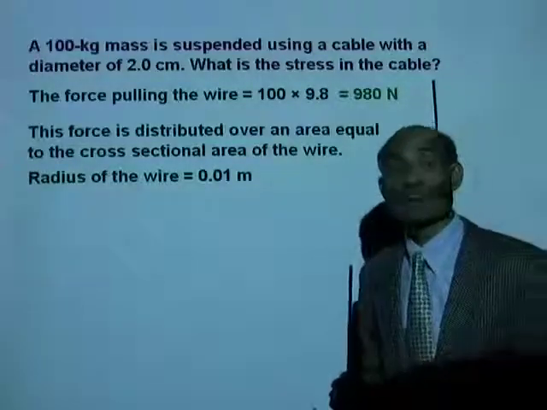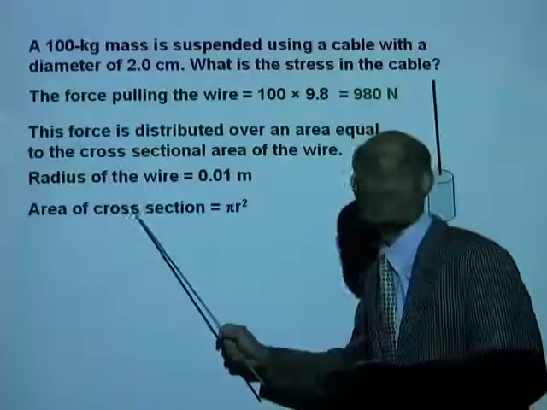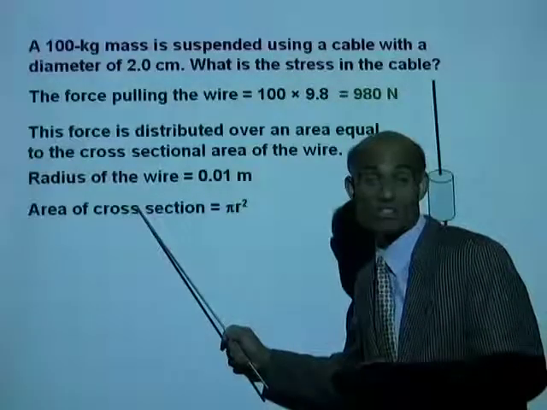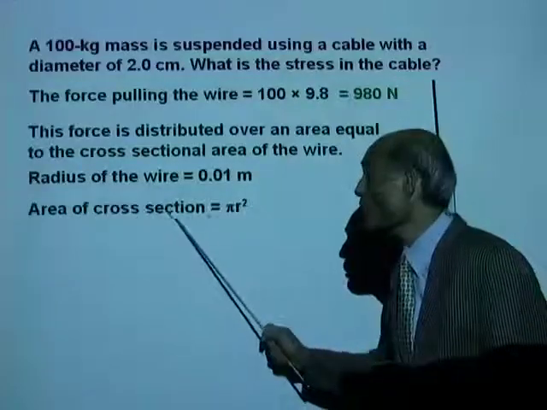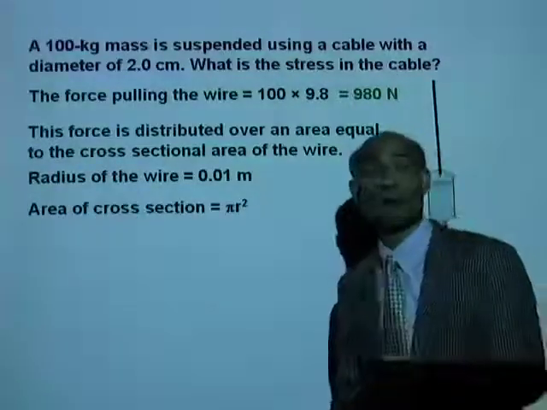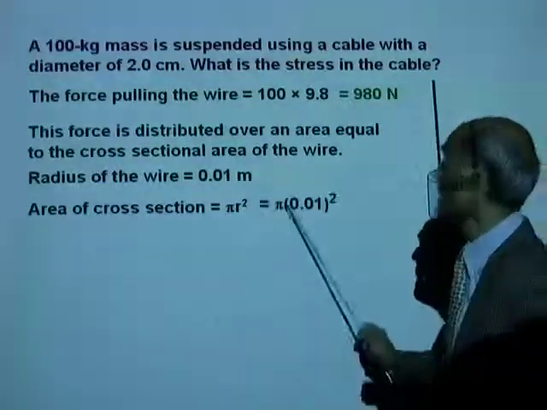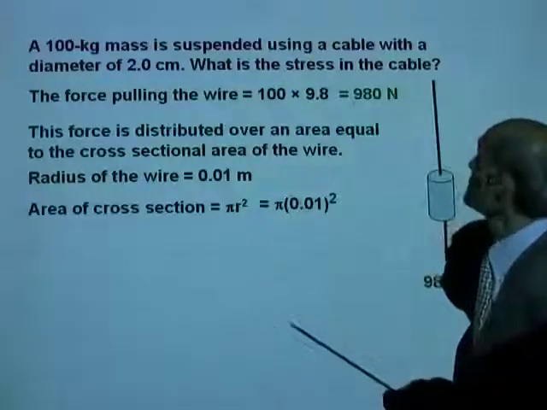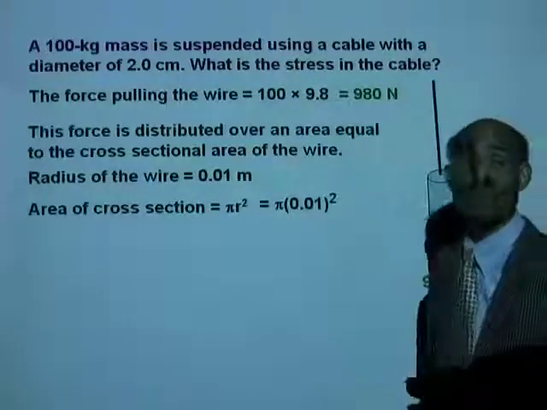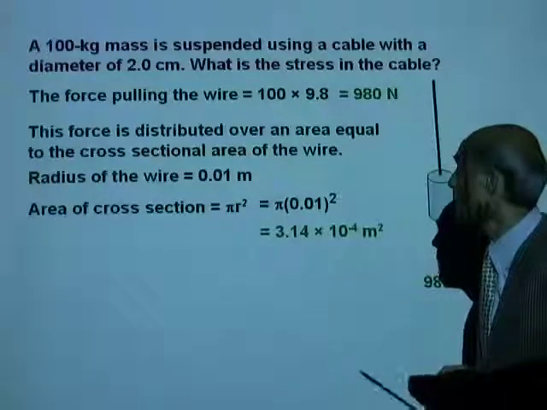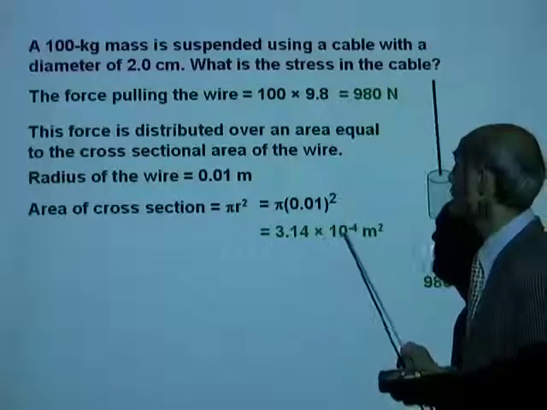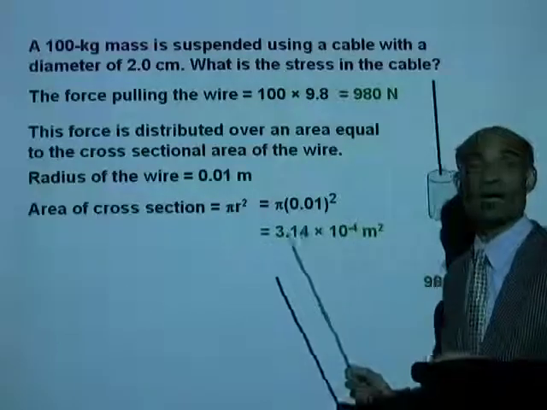What is the area of cross-section? The cross-section is a circle of radius 0.01 meter. Therefore, the area of cross-section is pi r squared. That is pi times 0.01 squared, and we can write it as 3.14 times 10 to the negative 4 meter squared.